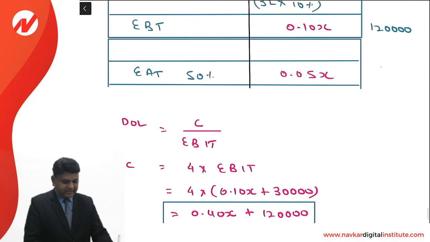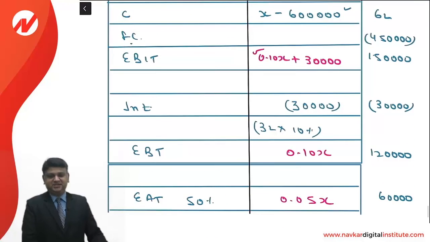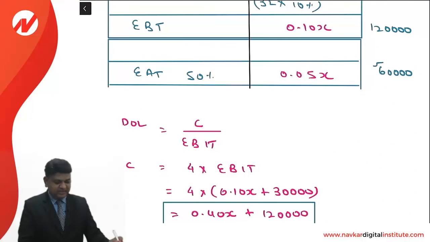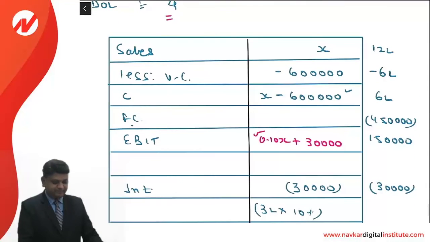And half of that is the tax that you have paid and half of that is the earning after taxes. You can see that the 12 lakh rupees is the sales into 5%. So what is earning after taxes? It is 60,000 and this is the way we are required to make the calculation of the sales. And we will be able to complete the entire table.